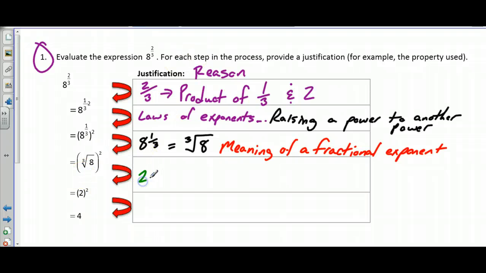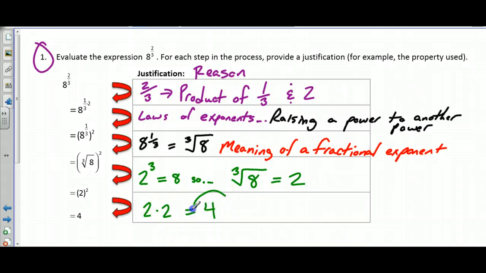Well, that's because 2 times 2 times 2 equals 8, or a little easier to write, 2 cubed equals 8. So that means that the cubed root of 8 equals 2. And the last one, 2 squared, well, that's just 2 times 2, and that equals 4. So that's why we went from each specific step.